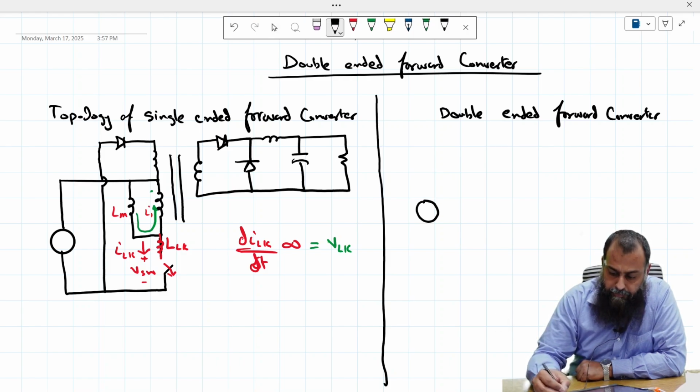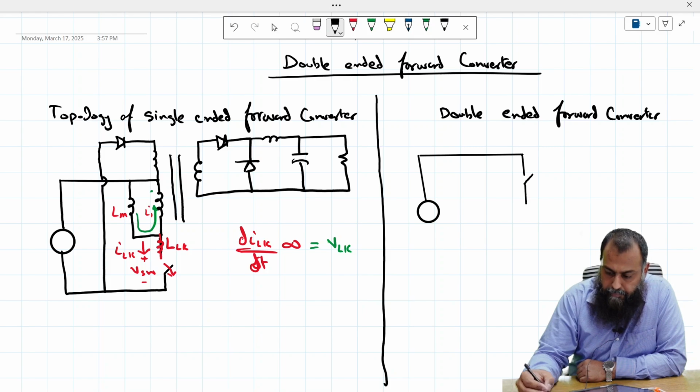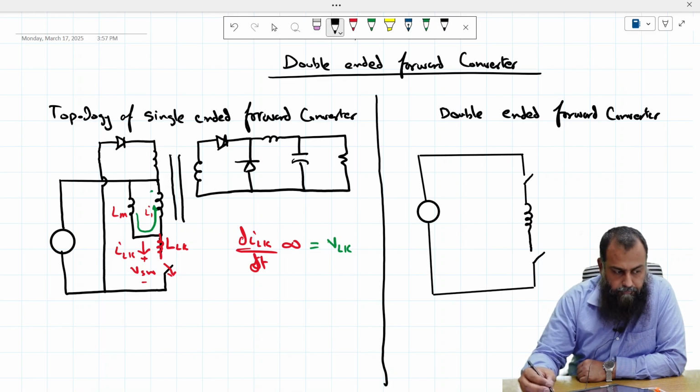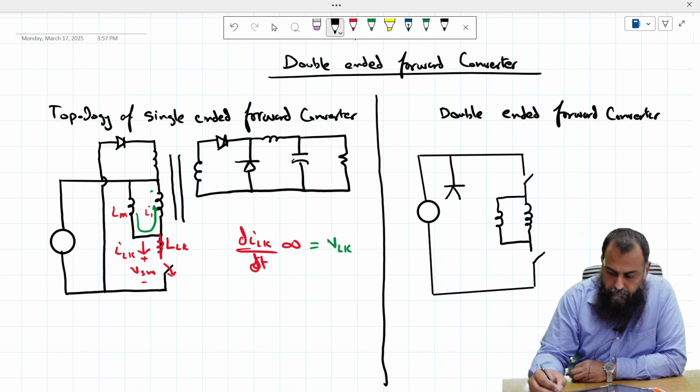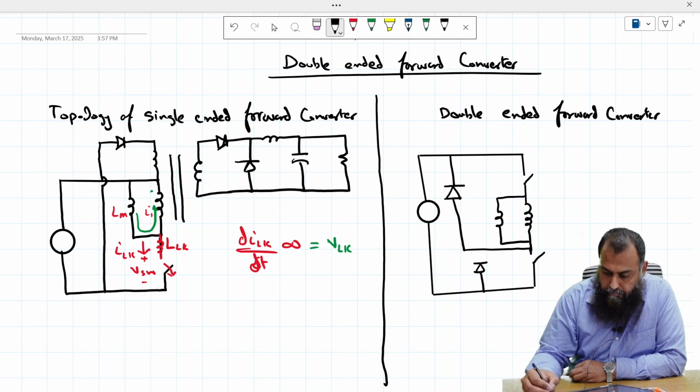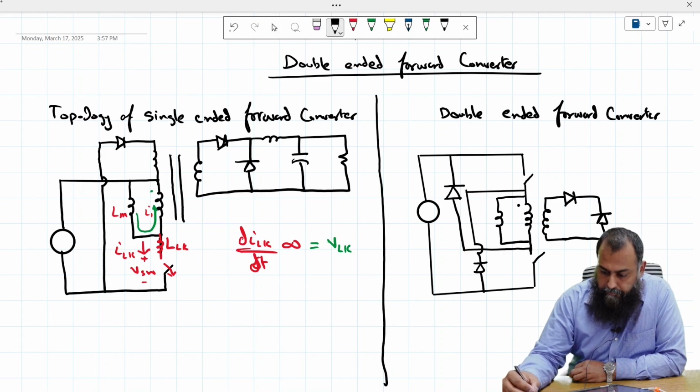So here we have a voltage source. The secondary side is same as that of the single ended converter, where we have an output filter consisting of this inductance Lx and this capacitor Co. Here we have this Vo.